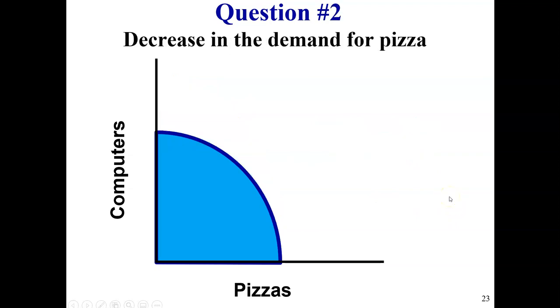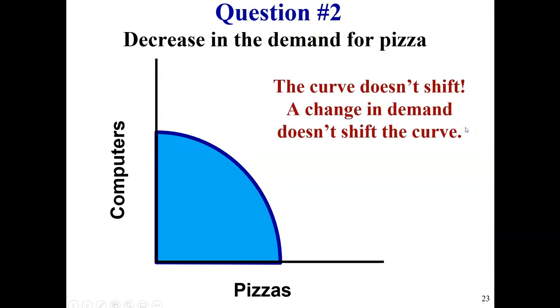If there's a decrease in the demand, so you and I don't want pizzas anymore, that has nothing to do with the resources that are available to make pizzas. So a change in demand is not going to shift the curve. The resources are still there.